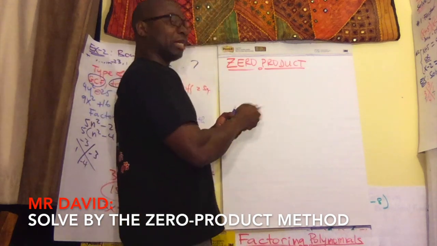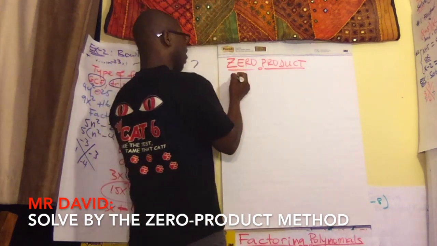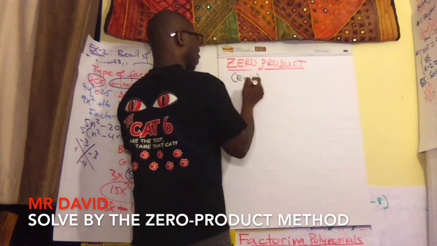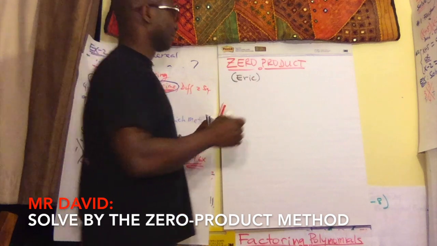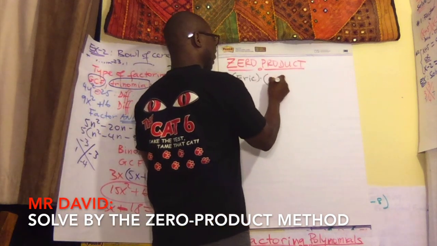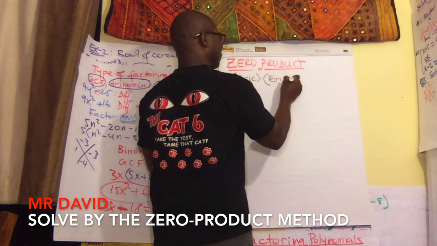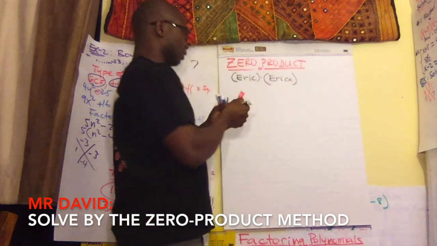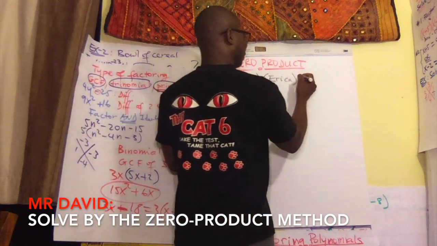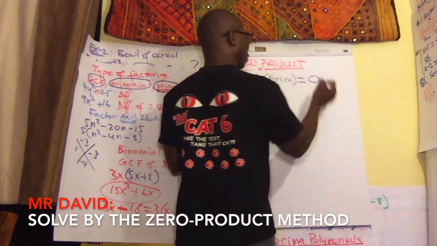I'm going to take student A, let's say Eric. Whatever score Eric gets, I take that and multiply it by the score of, I don't know, Erica. And we notice the score is 0.